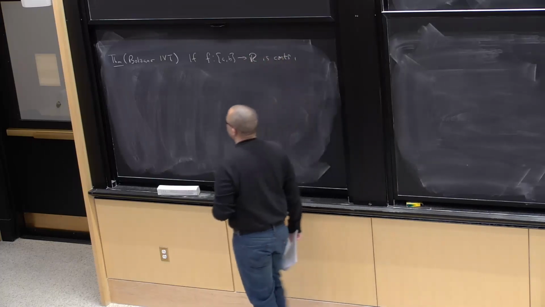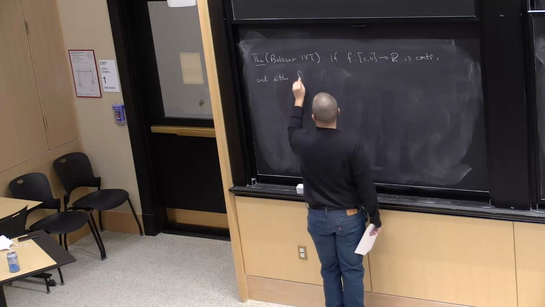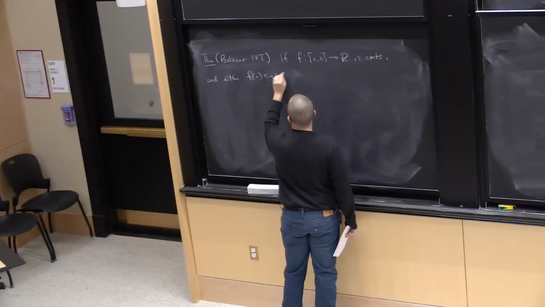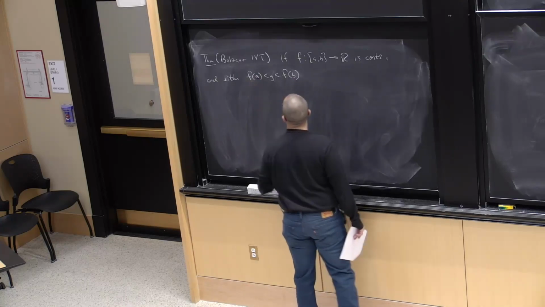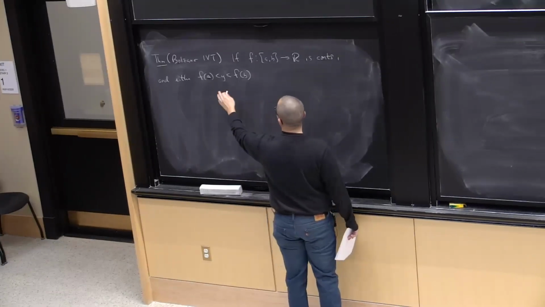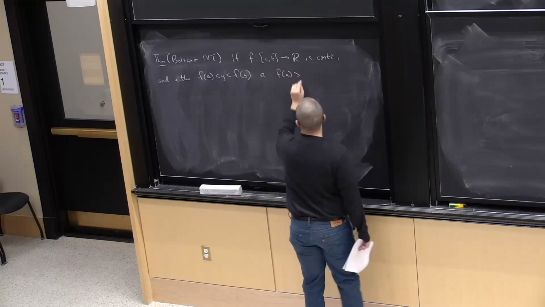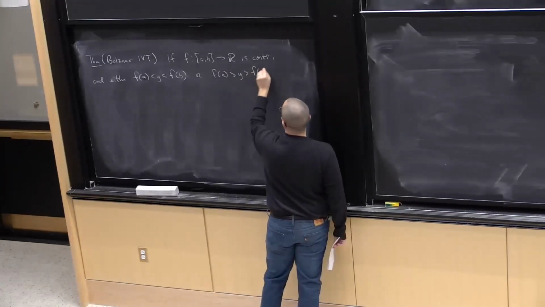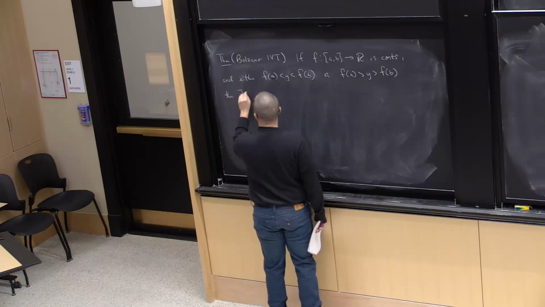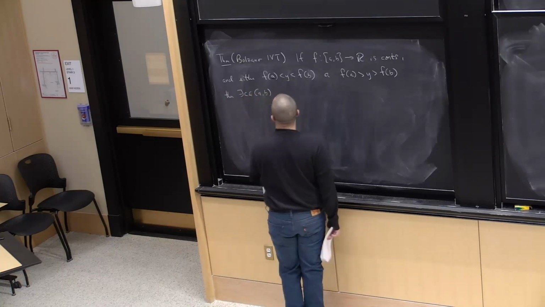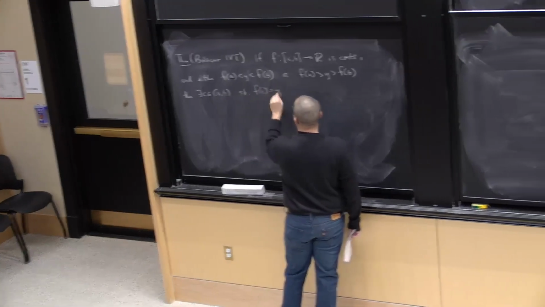So if I have a continuous function, and I take a value y between f of a and f of b, so either f of a is less than f of b and y is bigger than f of a and less than f of b, or f of a is bigger than f of b, but y is still in between them, then there exists c in the interval ab so that f of c equals y.